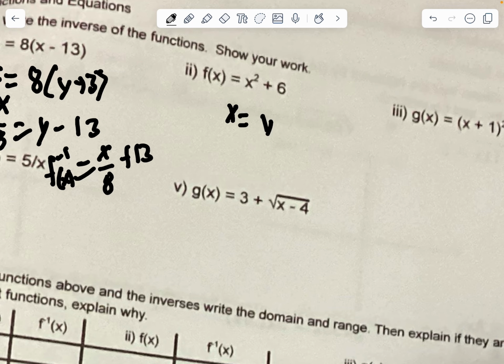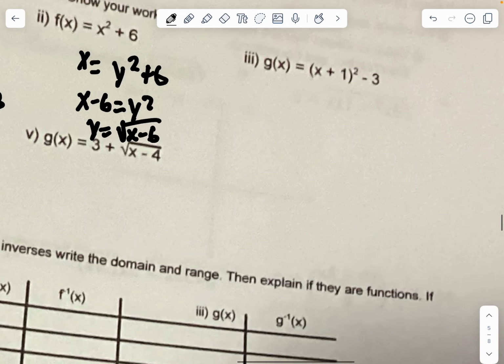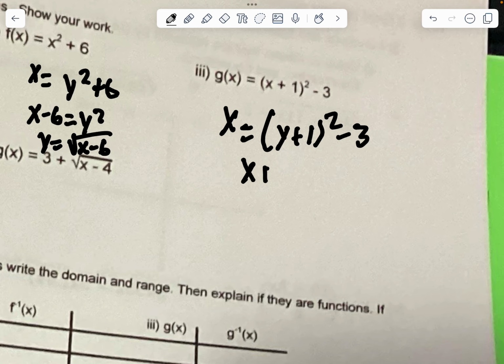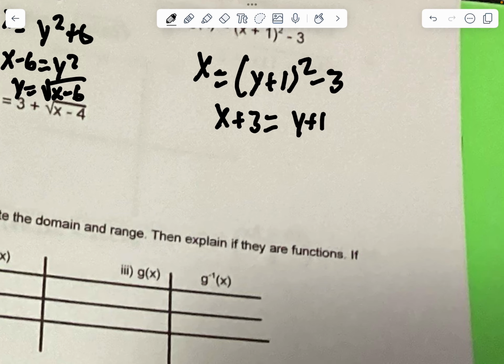x equals y squared plus 6. I do x minus 6 equals y squared, so y equals the square root of x minus 6. Next one, x equals y plus 1 squared minus 3. x plus 3 equals y plus 1 squared.